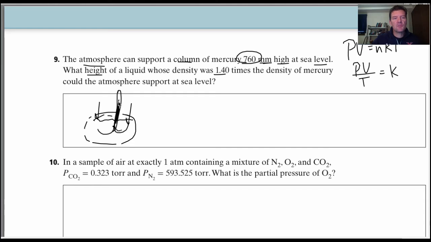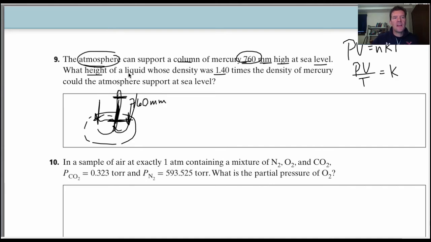So that mercury gets pushed up this tube, and the higher it goes, obviously, the greater the atmospheric pressure. Okay? So right now, the atmosphere can support a column of mercury 760 millimeters high. So this is from the water level up to the top of maybe the mercury. Maybe we measure that at 760 millimeters, something like that.